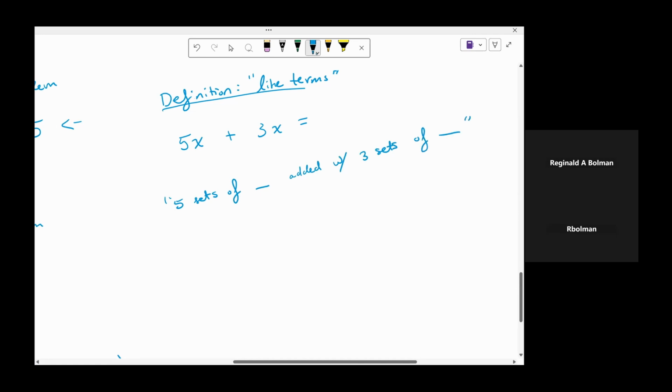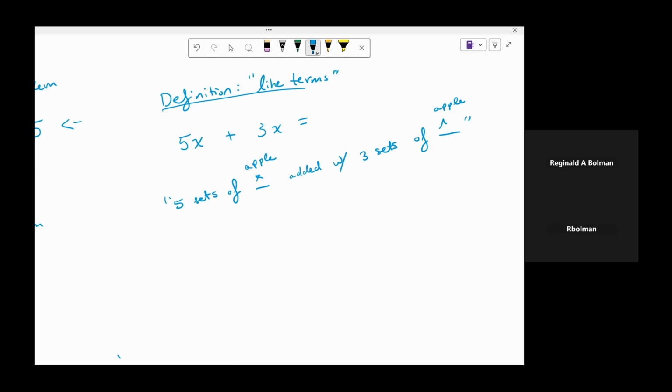And the reason why I would want to frame this expression using this statement, where I use 5 sets of blank added with 3 sets of blank, is because we can start playing the game of filling in the blanks. What if I use the word apple in this blank here? Whatever word I chose, if I choose apples, I could talk about apples. If I choose bananas, I could talk about sets of bananas. If I talk about sets of pears, I talk about sets of pears.